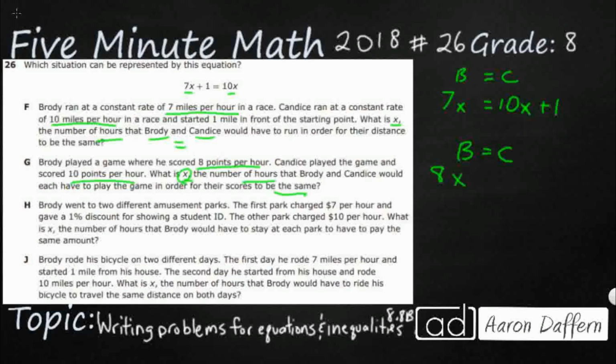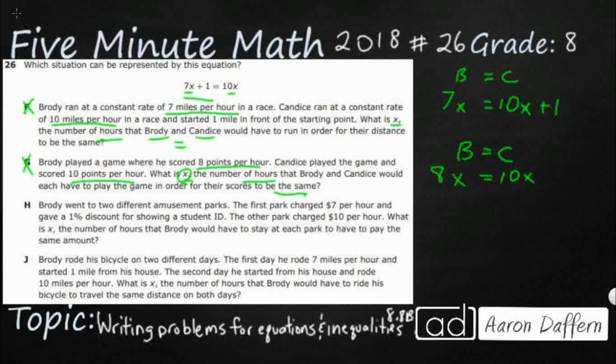So it's just 8x equals 10x, which can't work. That's not going to work. I think what they did was take the 7x plus 1 and turn that into 8. Yeah, that doesn't make any sense. All right, so we're thinking no for G, no for F.